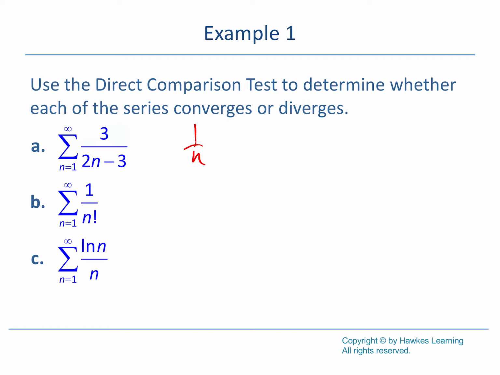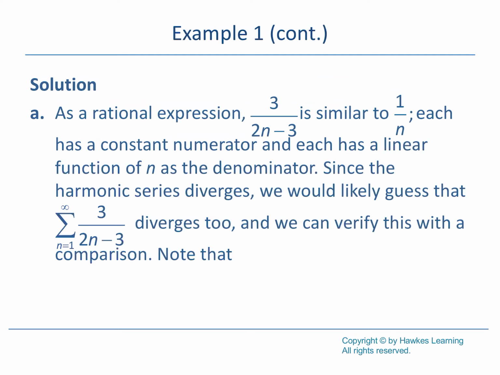It's a bunch of multiplication. And so those fractions are going to look much smaller than the harmonic series. I would guess that this one would converge. And then looking at the last one, it's fairly similar to 1 over n as well. We'll have to see. Here we go.